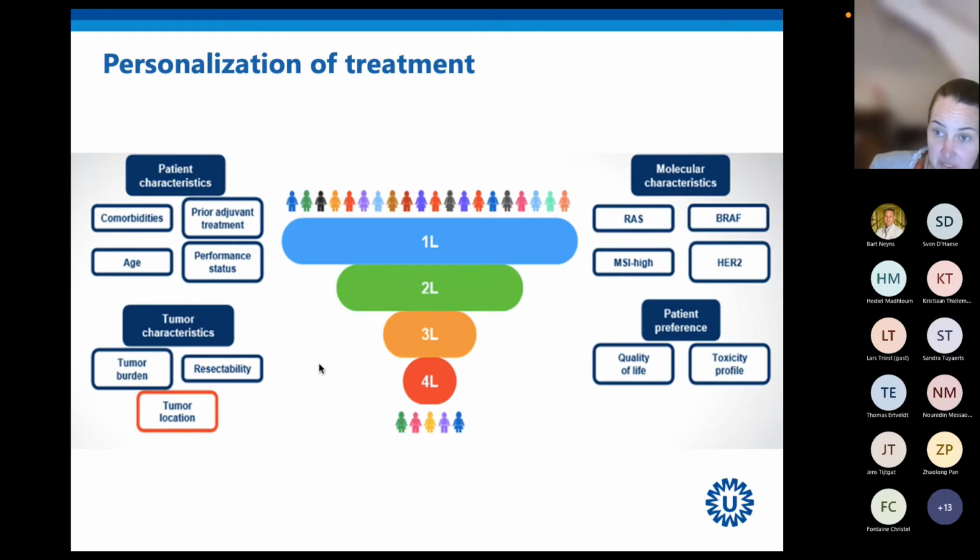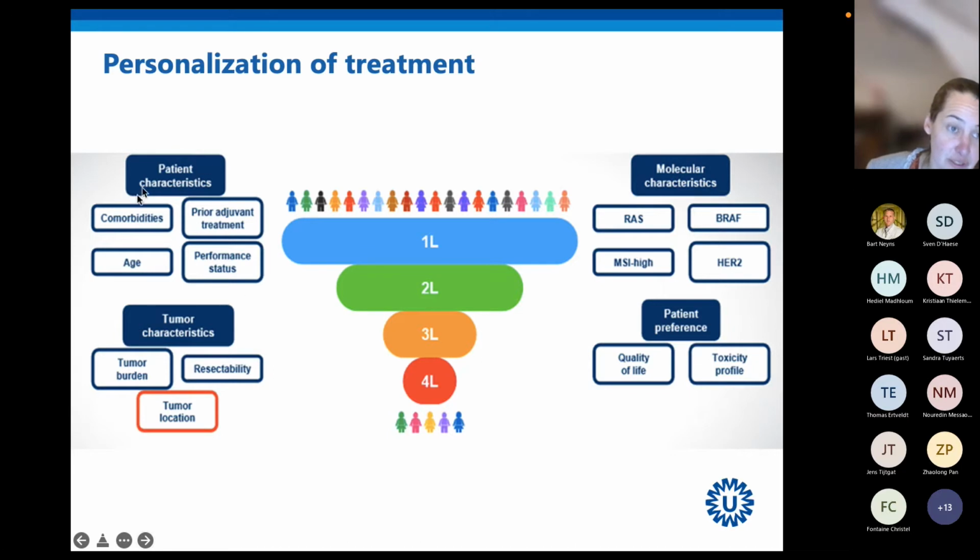So, personalization of treatment. Molecular characteristics, as I have discussed in this presentation, are of course very important, and they have predictive value for different treatment types. But it's not the only important thing, of course.